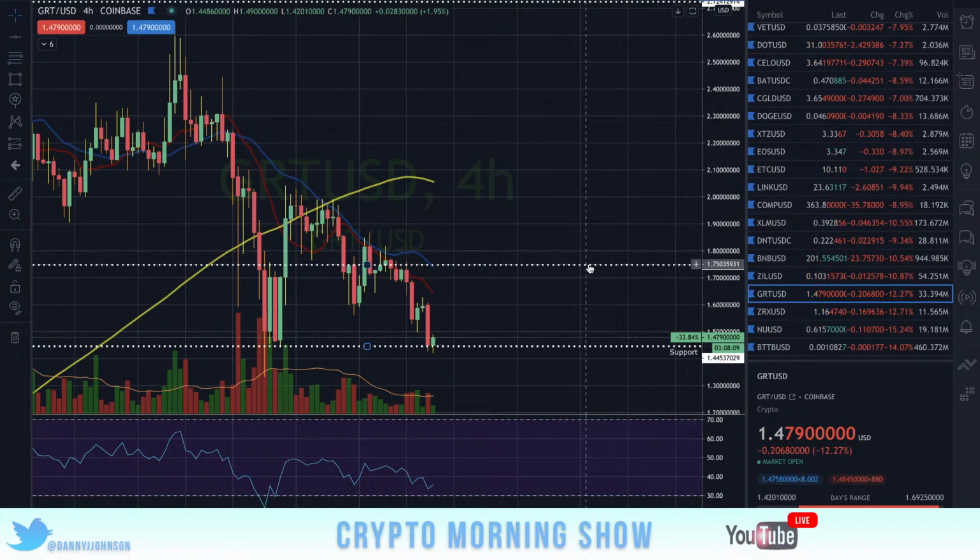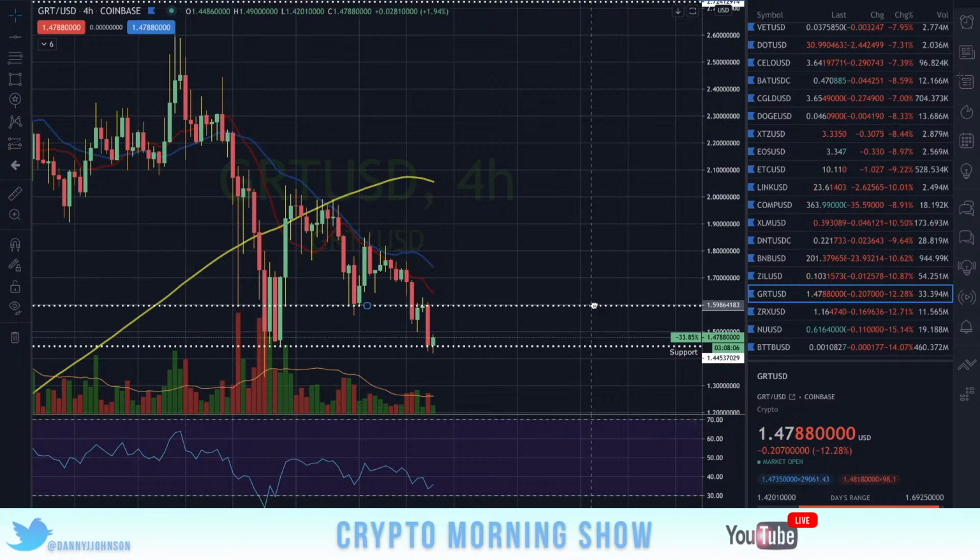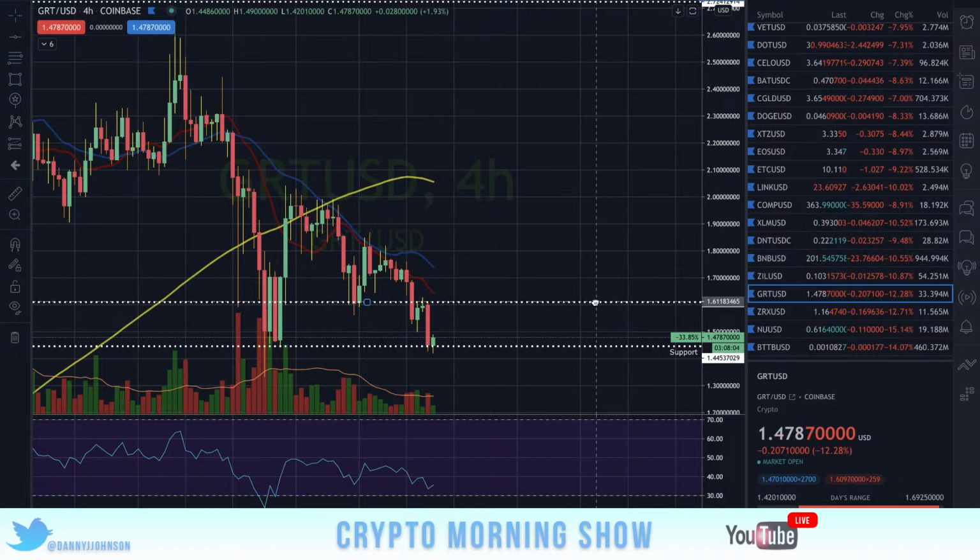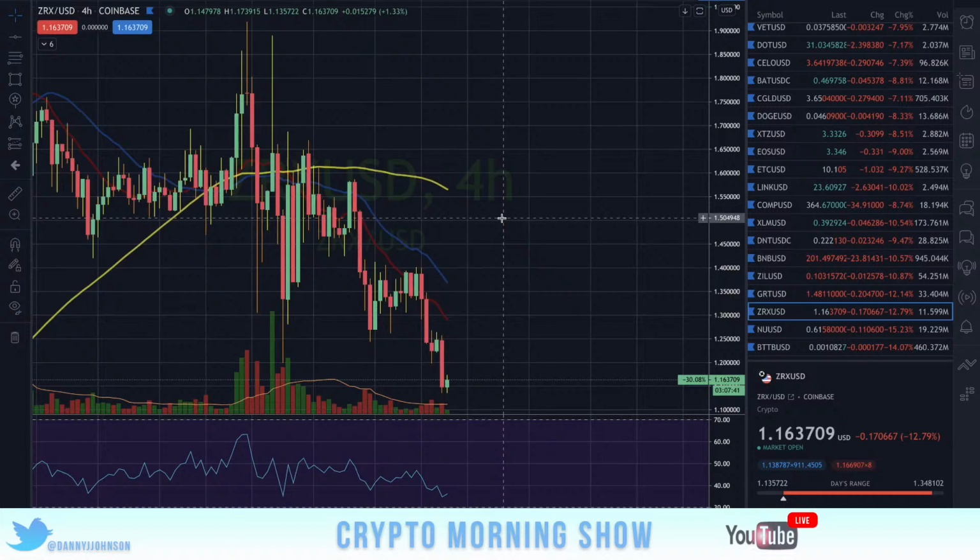Resistance is going to be on the climb up. Now this one has a little headroom, so resistance at 1.60, and then as you can see, we've got a little bit of space to get through. We got some wiggle room to get up to the 12 and 26, which are both trending downward, so they are going to provide more resistance as time goes by.